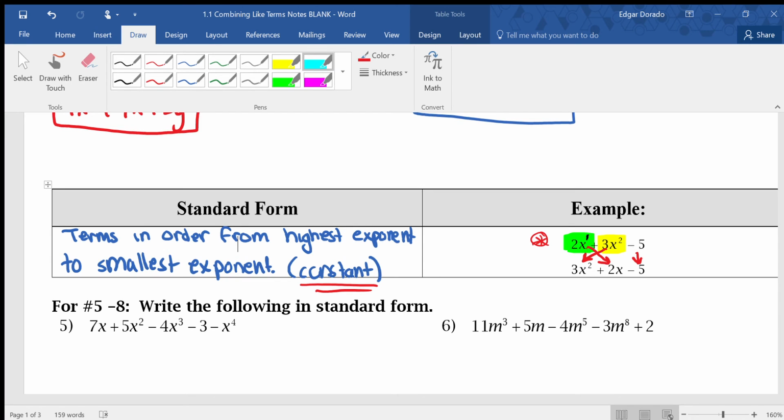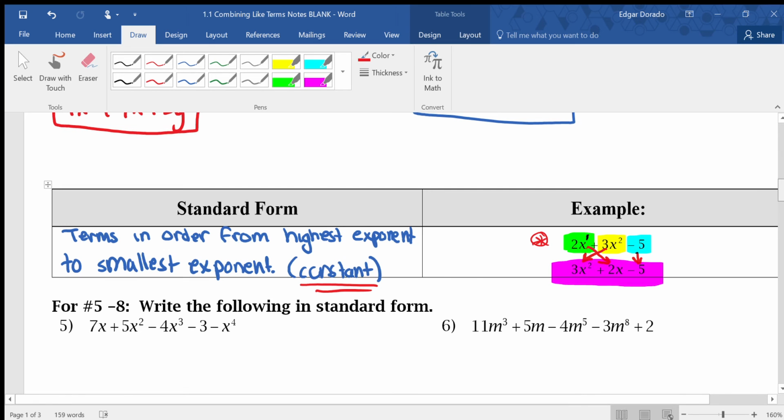Okay, so that is my last term. So finally, this here is officially in standard form.